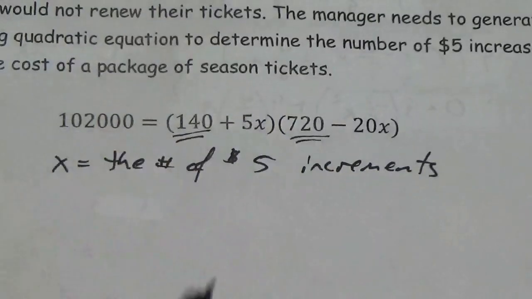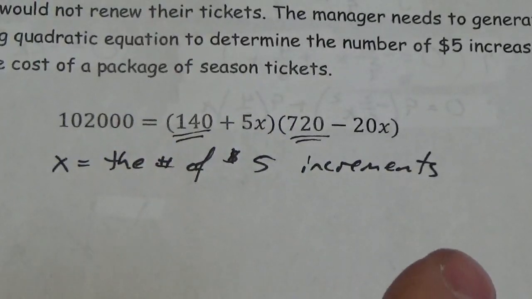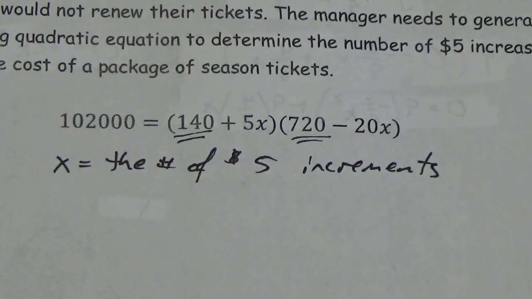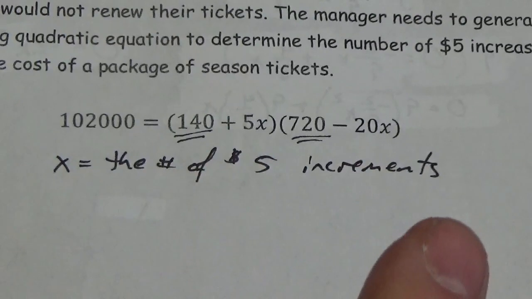And we need to be clear about that right from the beginning. Because it's so common for students to misinterpret the answer at the end and think that x is the ticket price, and I'll show you why that makes no sense at the end.